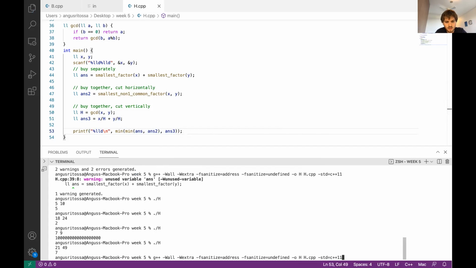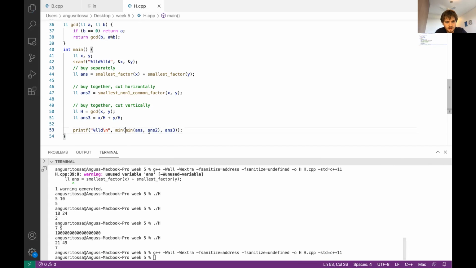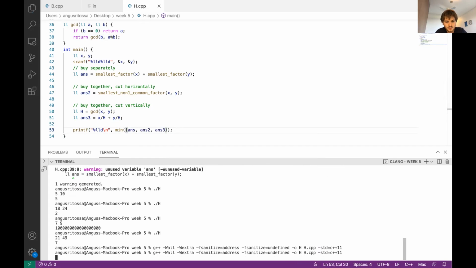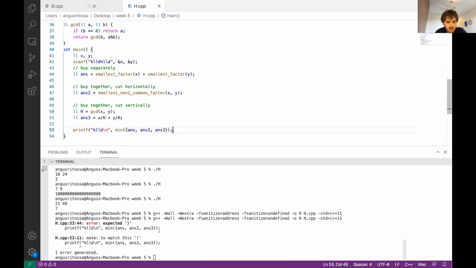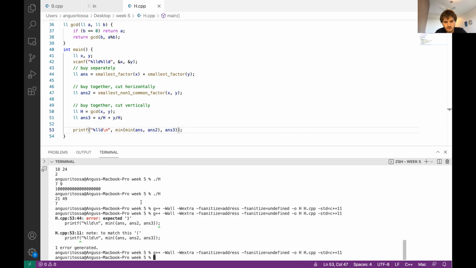I think it also works if you do this. Does this work? This might work. Our code doesn't like it. I'm not sure, but certainly this case works.